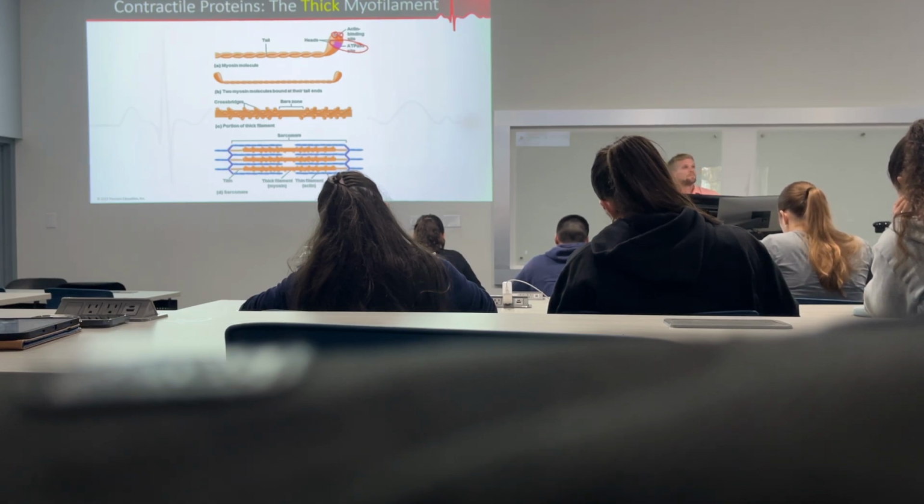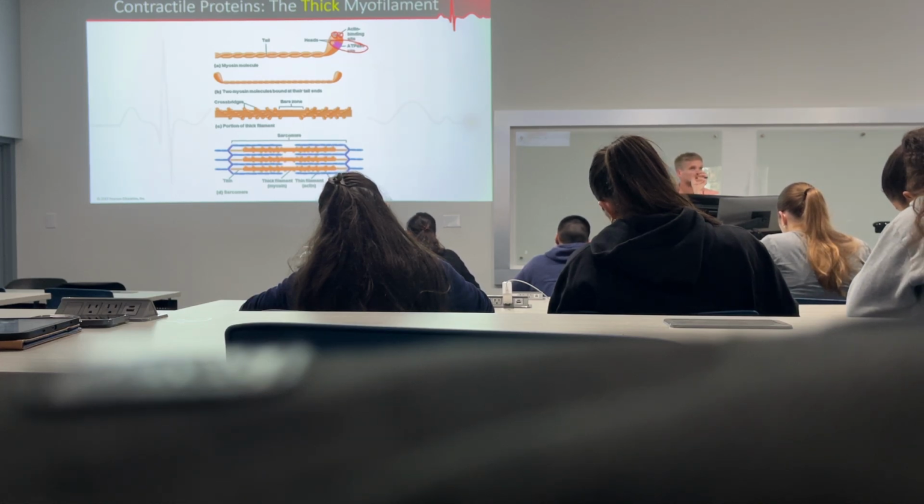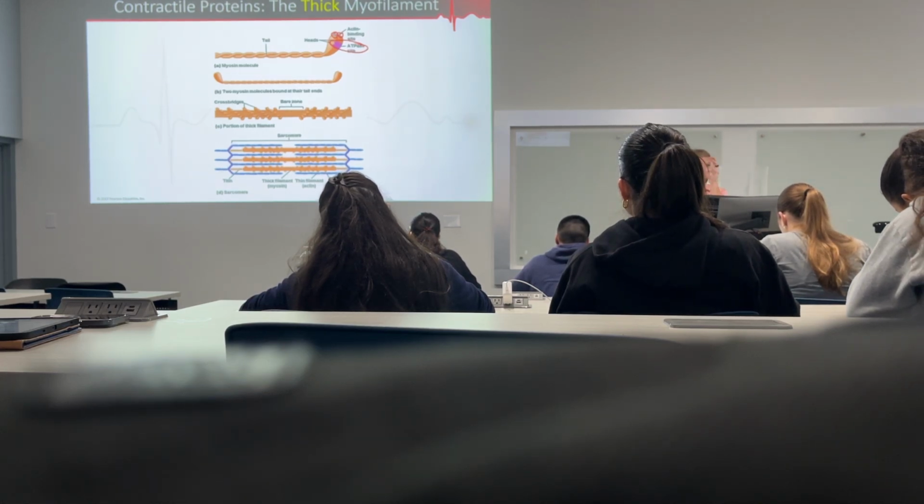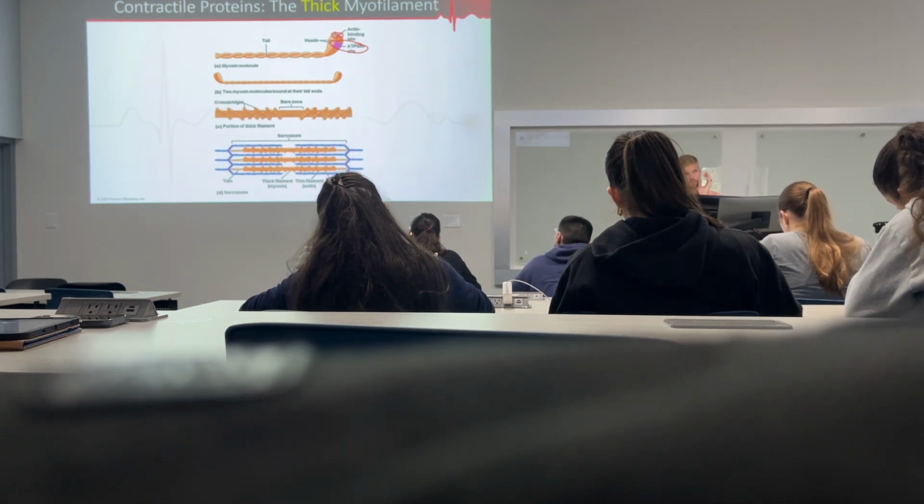The actin binding site on the myosin protein heads is what's going to bind to the myosin binding site on the globular actins. But again, we'll get to that in a little bit. Let's just focus for the moment on the structural anatomy here.